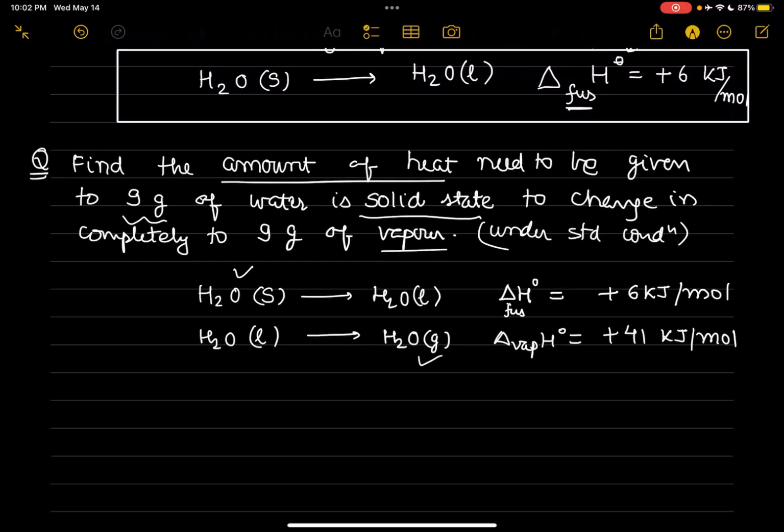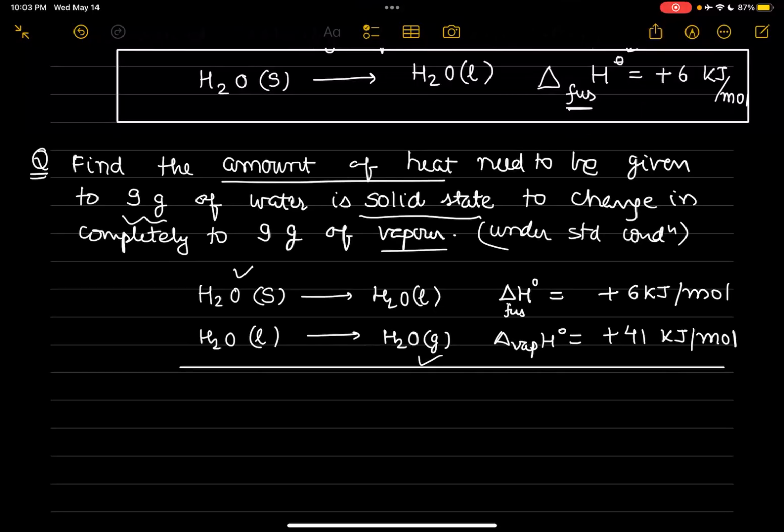These are thermochemical equations. They are treated like mathematical equations. Mathematical equations can be added, they can be subtracted, you must have done that in your class 10. They need to be multiplied with a certain coefficient, then they can be added.